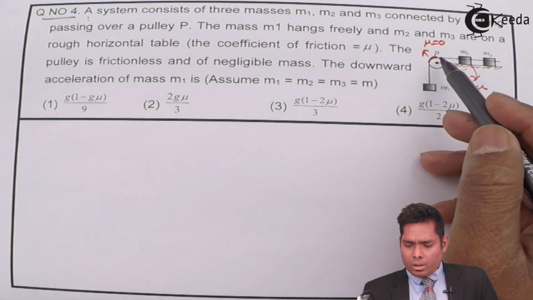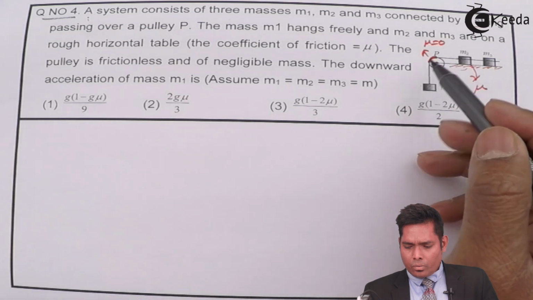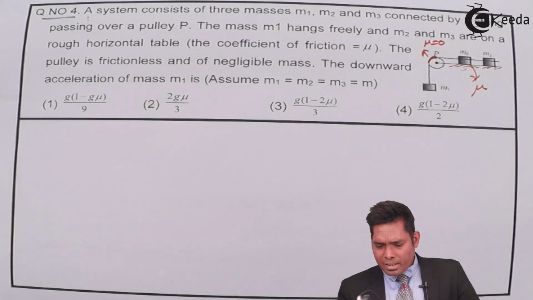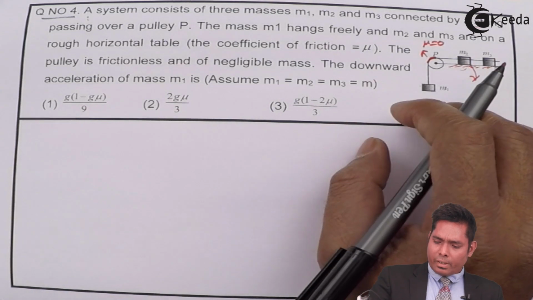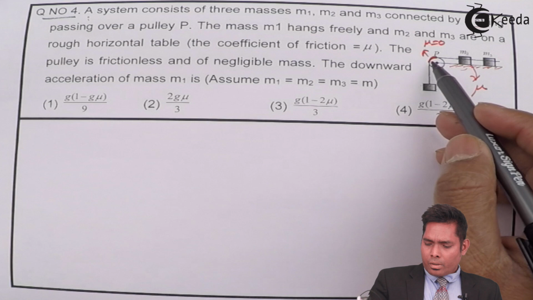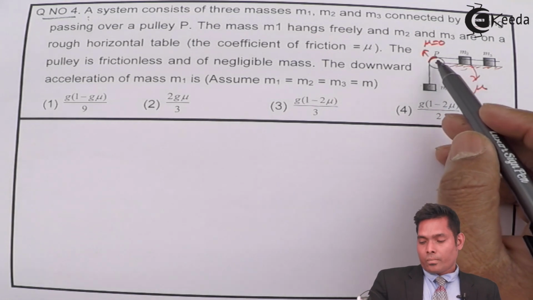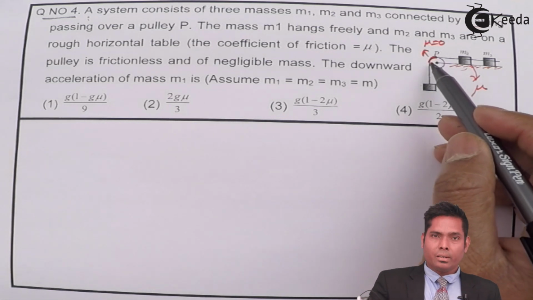Because to rotate, it should have friction, and it is a massless pulley, so that is always given. We can take into consideration the mass of the pulley as well, and friction as well.